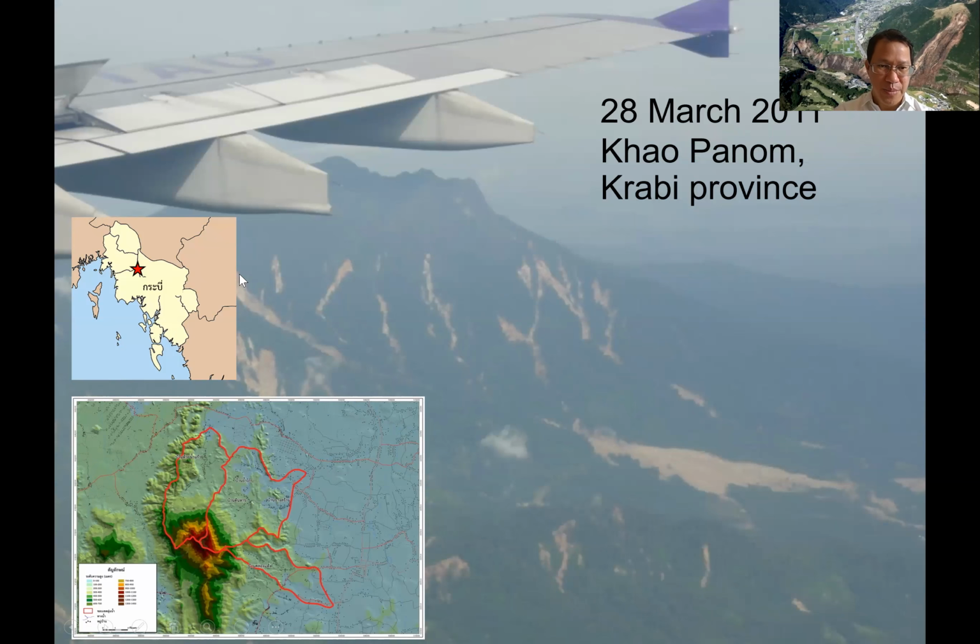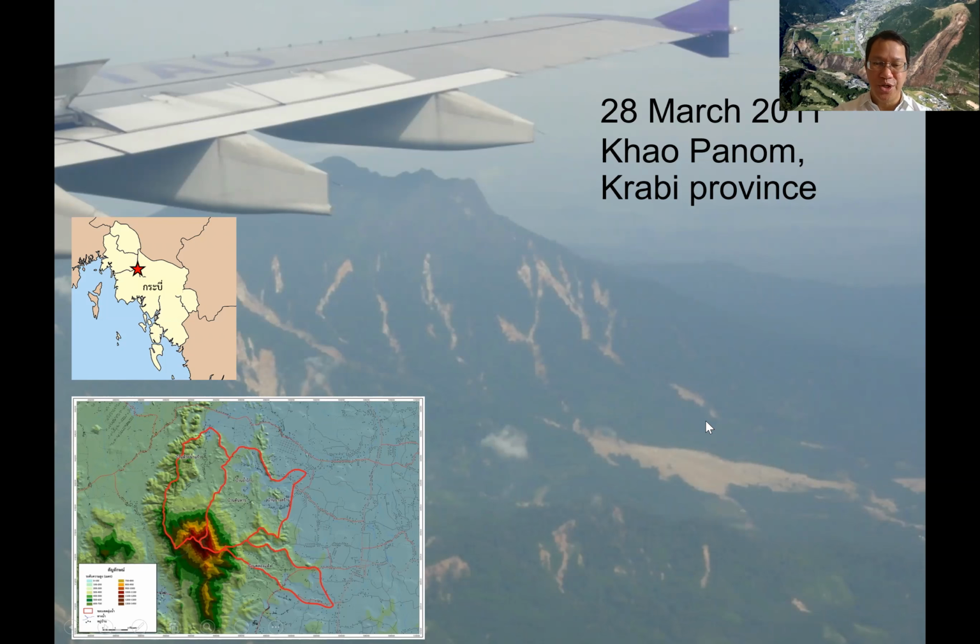You can see the scar of the landslide, and also the erosion that brought all the debris down to this area. This area is the toe of the mountain, where 3 villages were located, and they were destroyed by the debris.